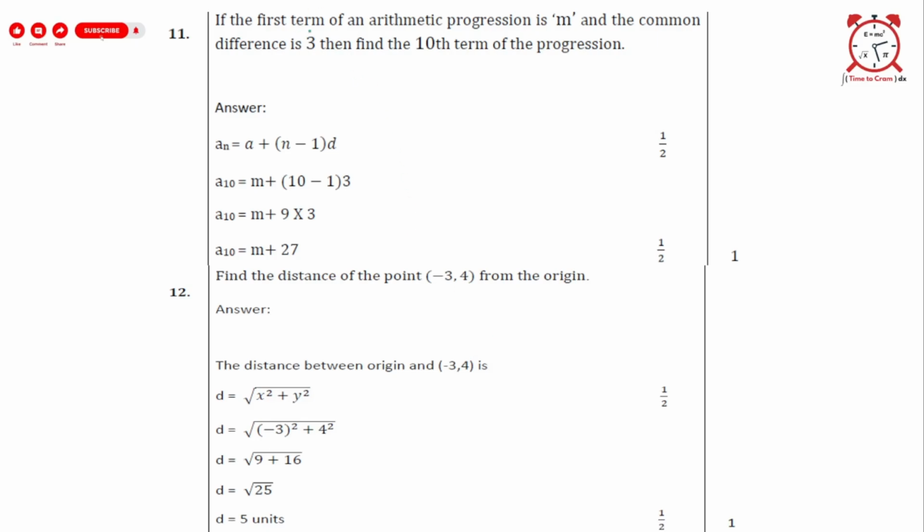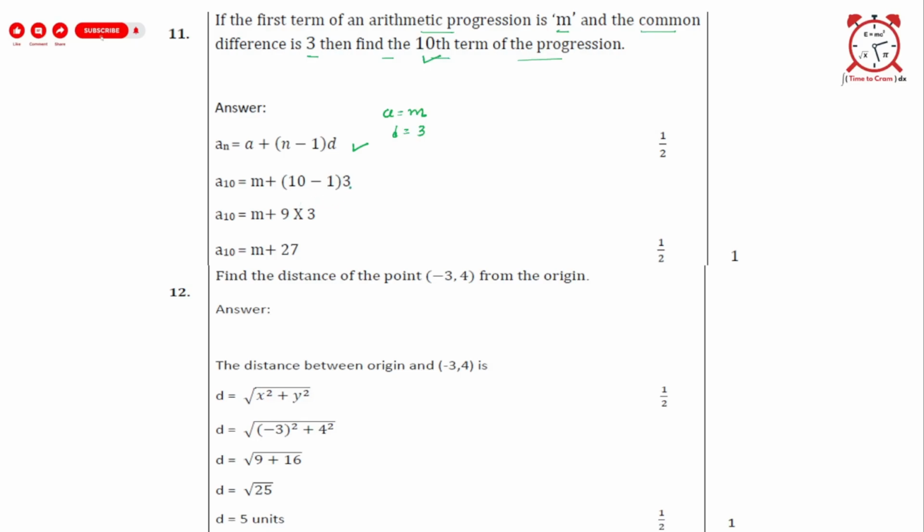Next question. If the first term of an arithmetic progression is m and the common difference is 3, then find the 10th term of the progression. The first term is given, a equal to m, and the difference is given, d equal to 3. We will take the nth term formula and put in the values for the 10th term.